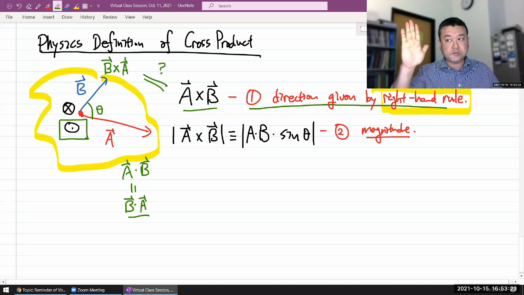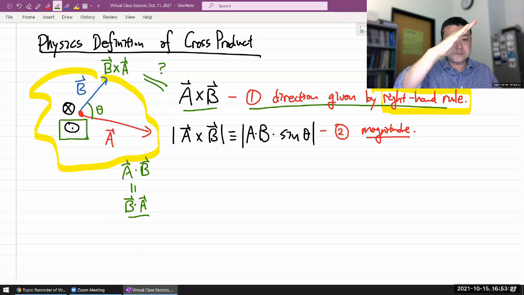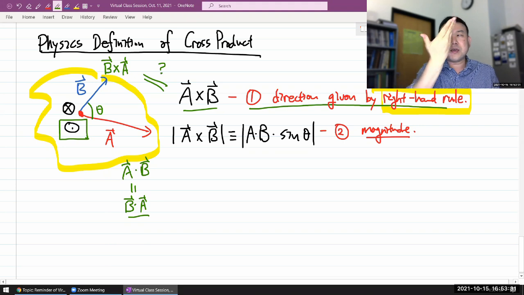Let me use the right-hand rule. I'm orienting my right hand along the direction of B, as seen by you, and I need to orient my hand so that I can curl my fingers in the direction of A. Oh, I guess it's okay. So for B cross A, the thumb is pointing towards me, or from your perspective, B cross A is into the screen. So B cross A gives you this direction.